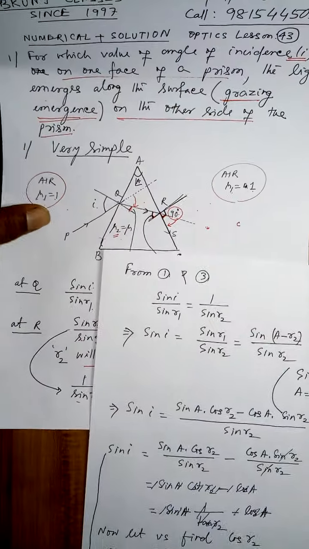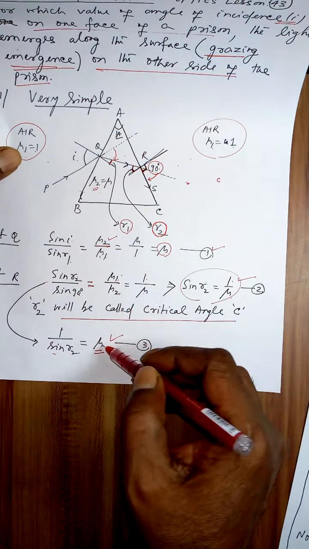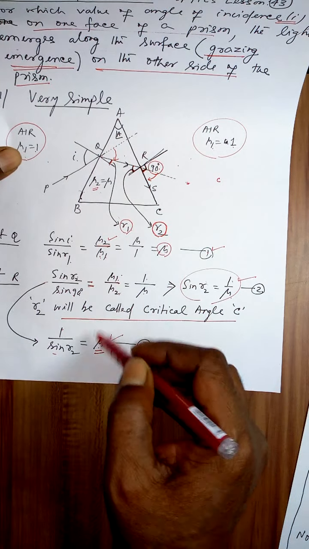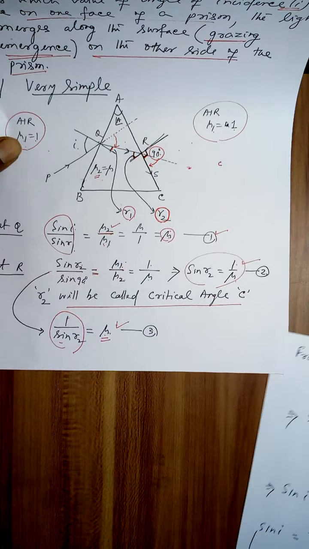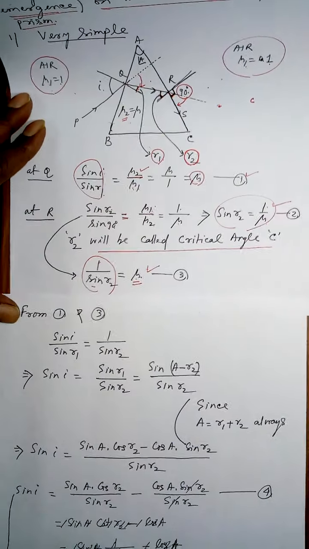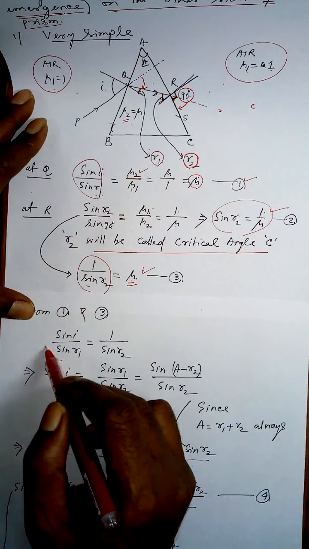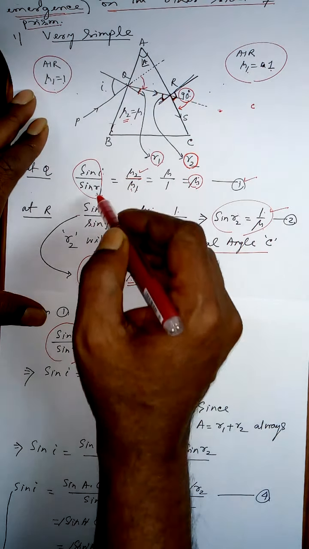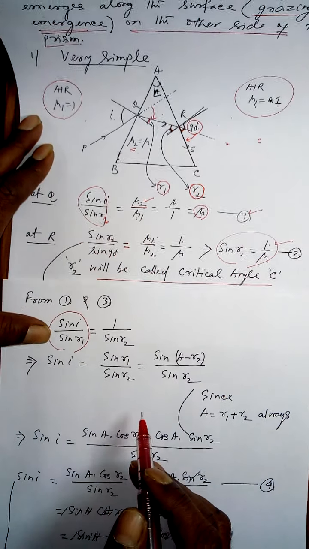Now from 1 and 3, it is the same refractive index. Right sides are equal, so the left sides will also be equal. So from 1 and 3, sin I over sin R1 is equal to 1 by sin R2.